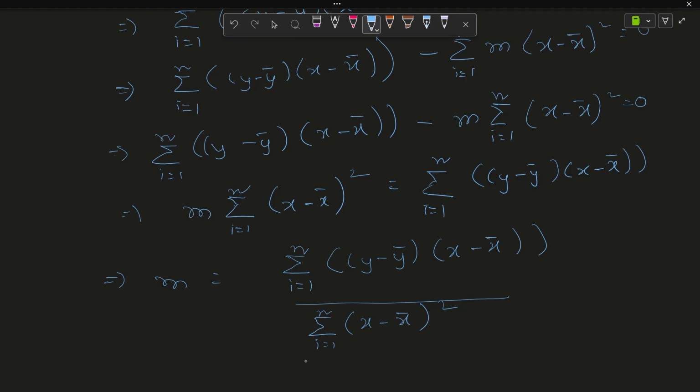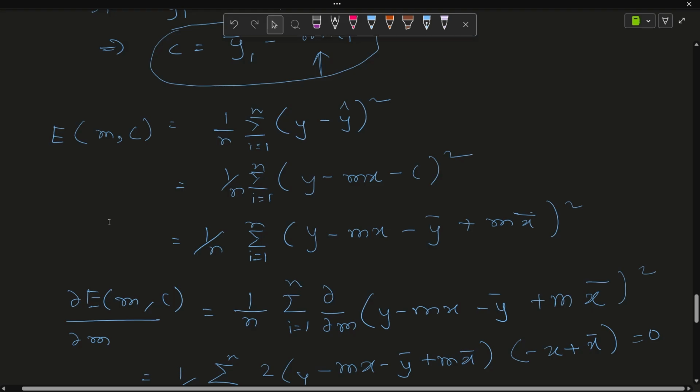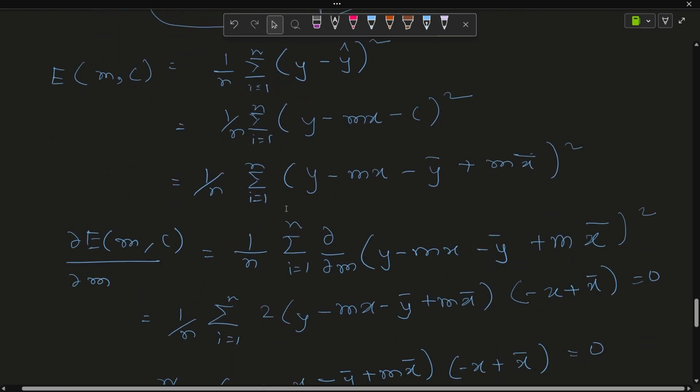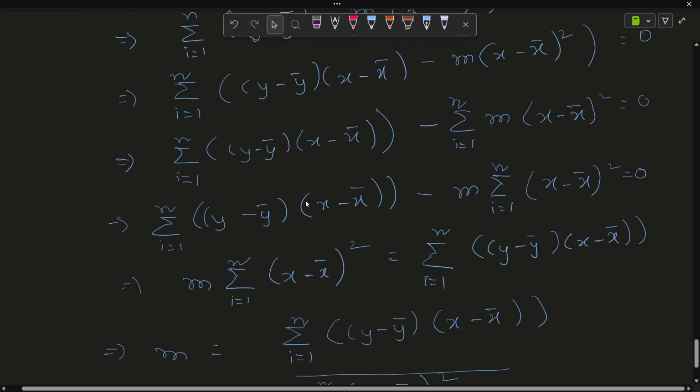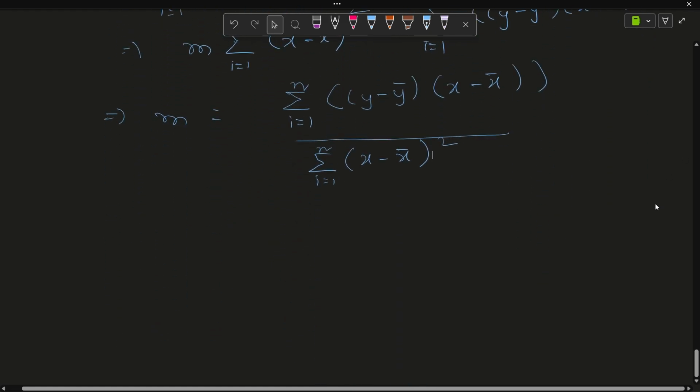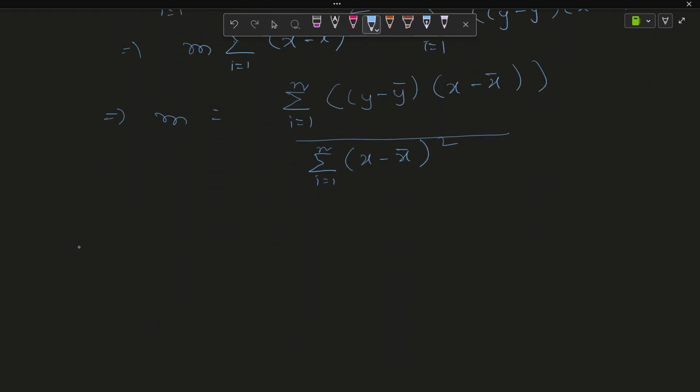So after finding m with this formula and finding c with this formula, you will be getting the best fit line, and then plot it, we will be getting the best fit line such that the error will be minimum, right. So you got this equation. Sorry, it will be c.